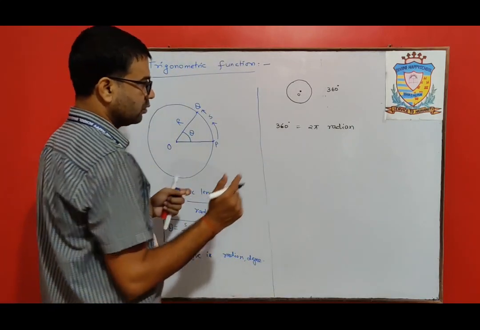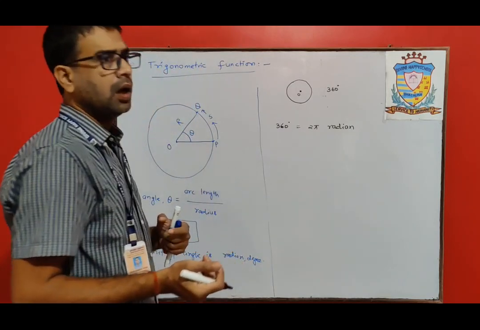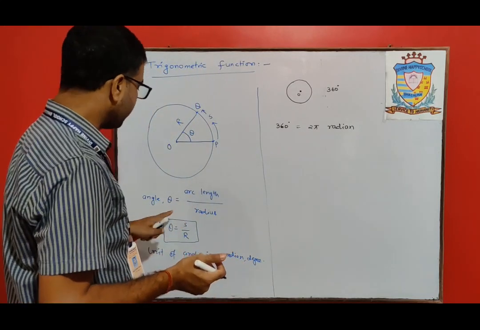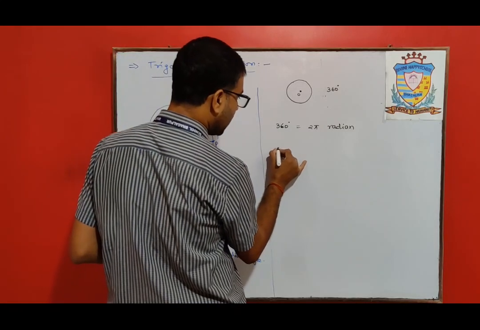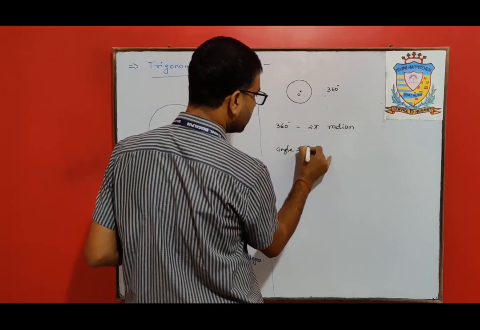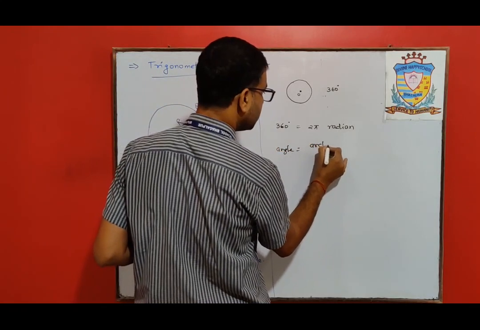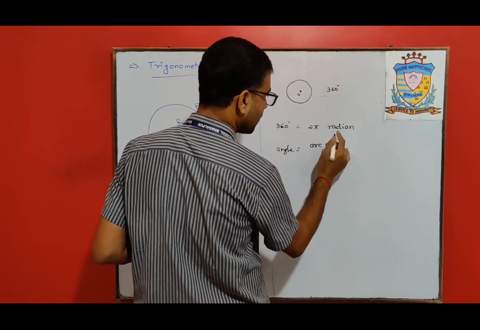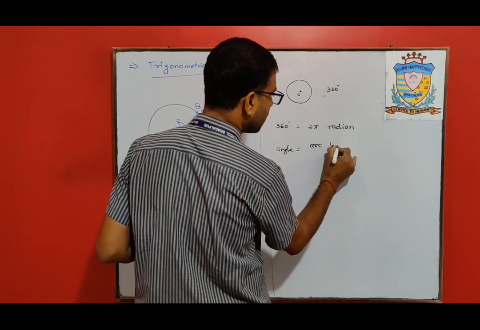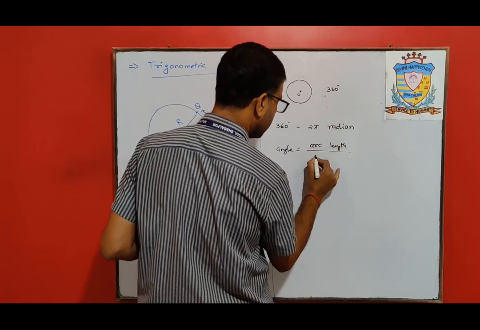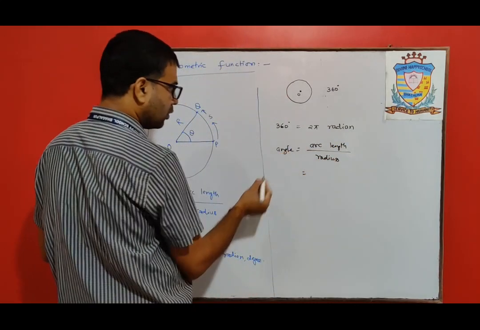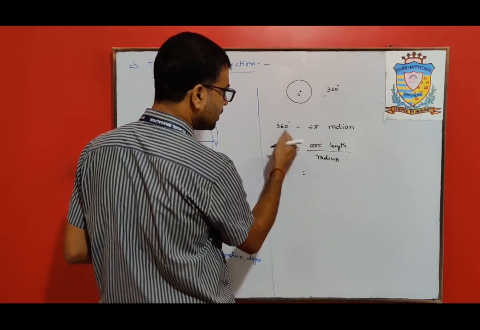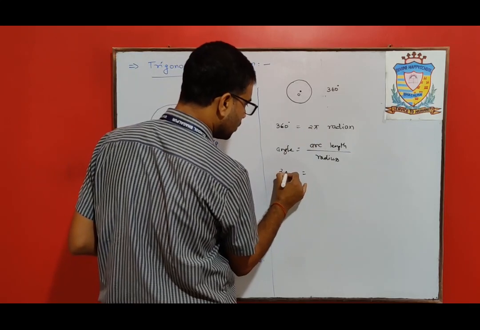Okay, so from here you can also calculate the perimeter. The total angle is 360 degree. So angle is equal to arc length upon radius. So here we have the total angle, that is 360 degree, which can also be written as 2 pi.